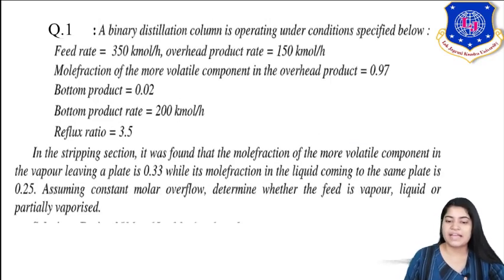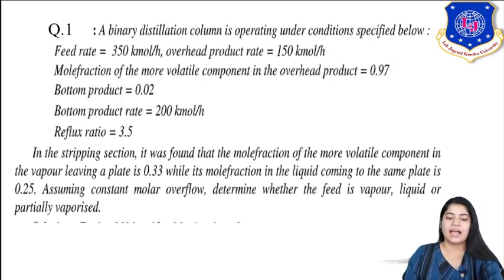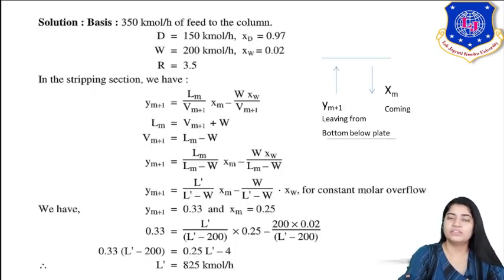Here it is given that the mole fraction of more volatile component in the vapor leaving a plate is 0.33. Suppose I am taking this plate below. From this your vapor leaving composition is Ym+1. And it is given that the mole fraction of liquid coming to the same plate is Xm, the composition of liquid which is coming to this plate below.